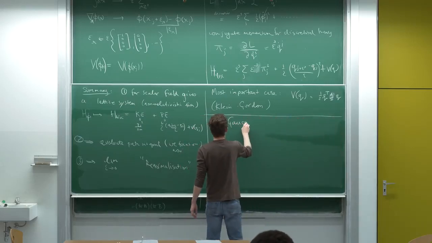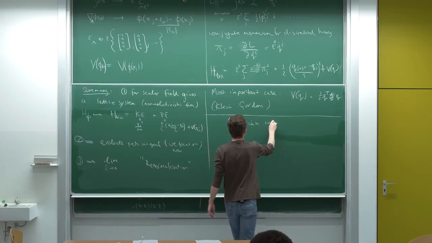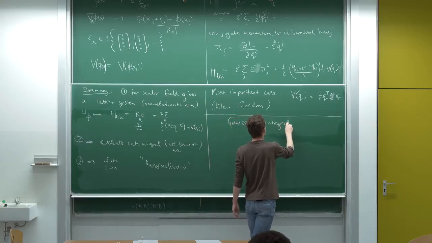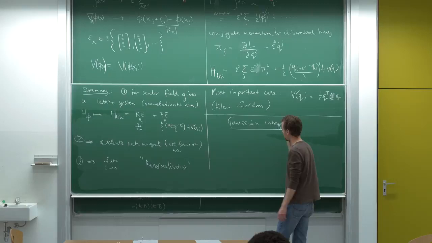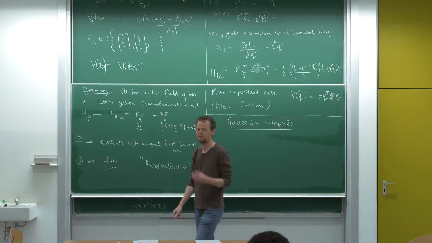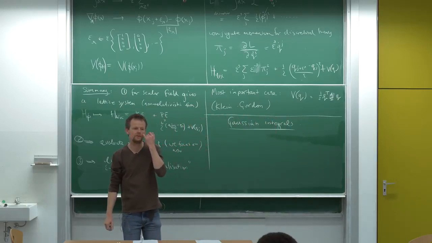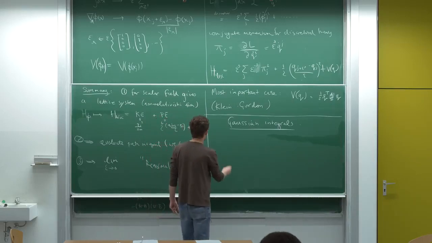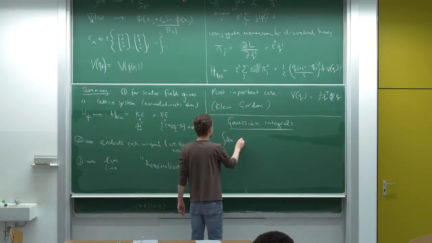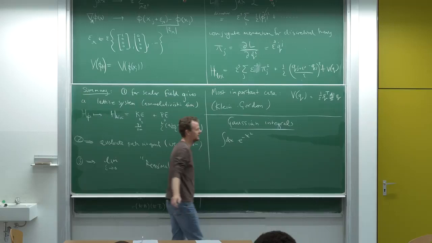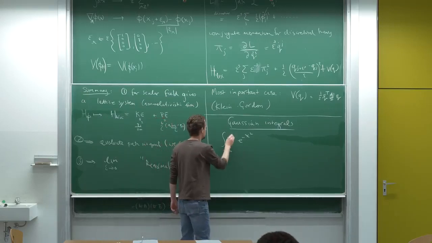Gaussian integrals, a reminder. Yeah, I know you know this stuff, but do you really know this stuff? Let's find out. What's that integral equal to? Minus infinity to infinity.